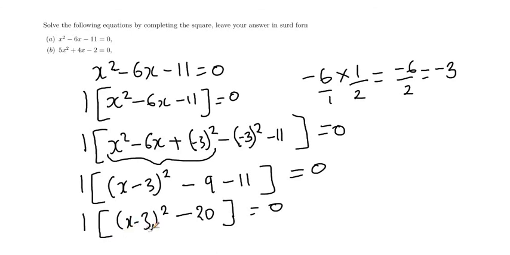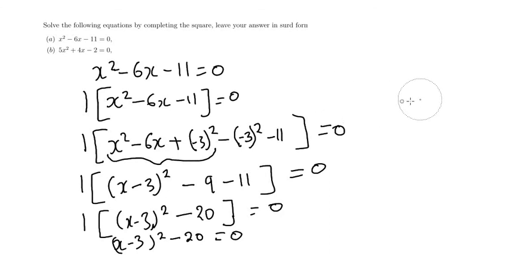So the terms will pretty much remain the same. So we have (x minus 3) squared minus 20 is equal to 0. Let's rub this side so that we can have some space.